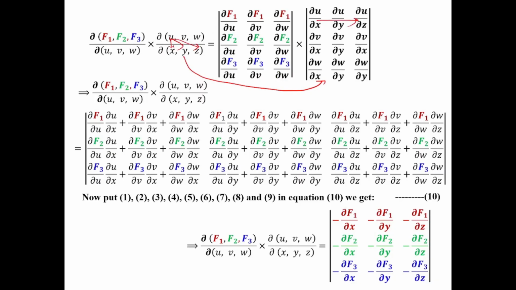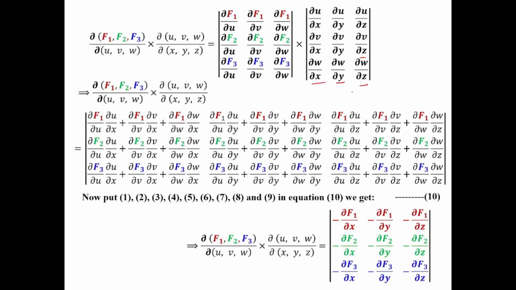Then del v by del x, del v by del y, del v by del z. Here this del v by del z was mistakenly written, so first I have to correct it. So this will be del v by del z, and then del w by del x, del w by del y, del w by del z.